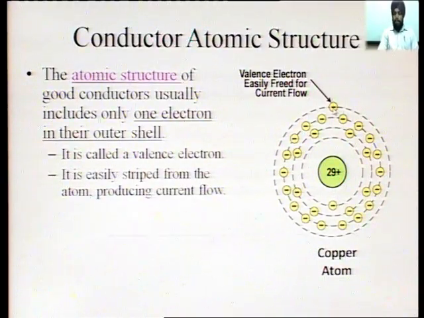We can detach this valence electron easily by supplying some energy, and it can be used as a free electron for current conduction. So, when an electron is freed from this atom, only this single valence electron will be freed.